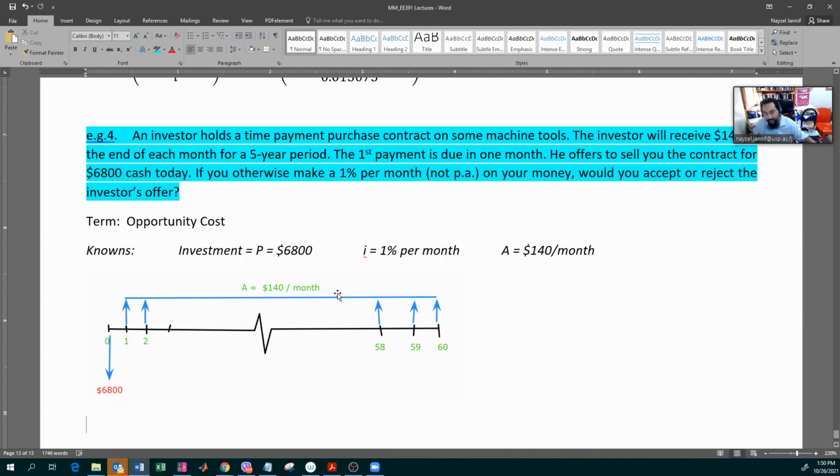Okay, so let's now have a look at that. Let me place the question in another manner.